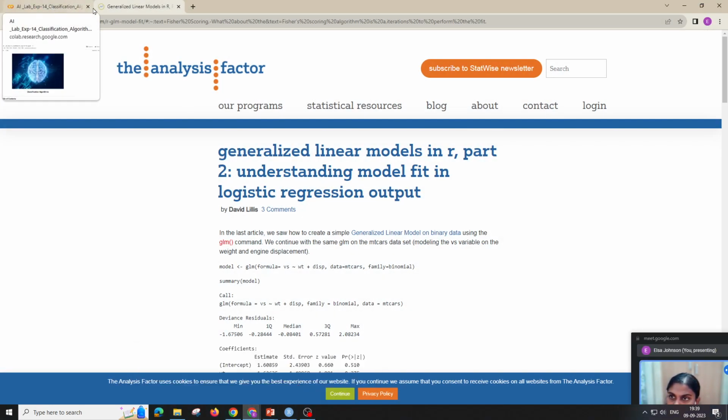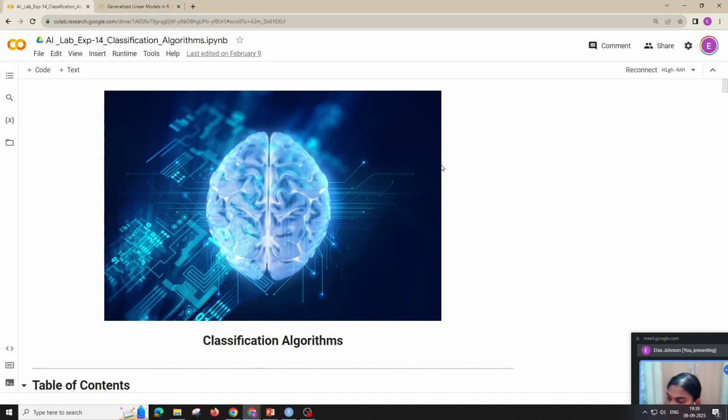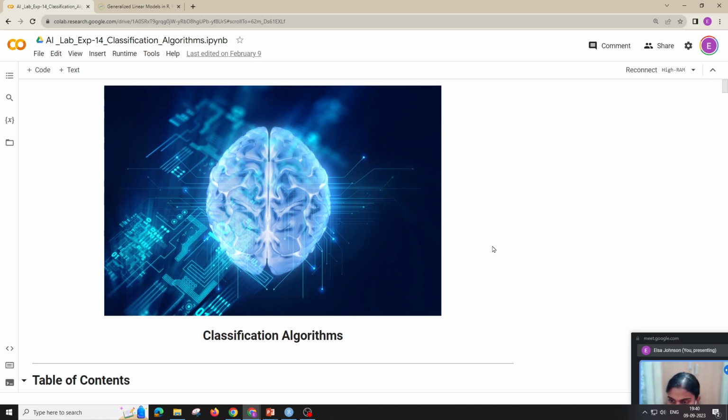Since you are looking at logistic regression as well as linear regression this week, and next week you will be looking at KNN, like cluster analysis and KNN classification also, I was thinking this week I'll give you the theory about some other classification algorithms. Next week we'll see the RStudio implementation also.